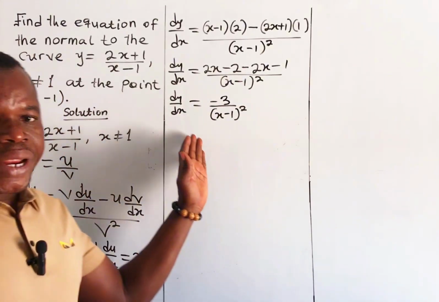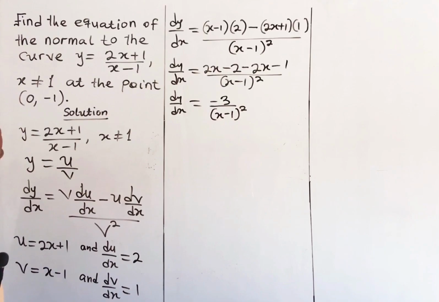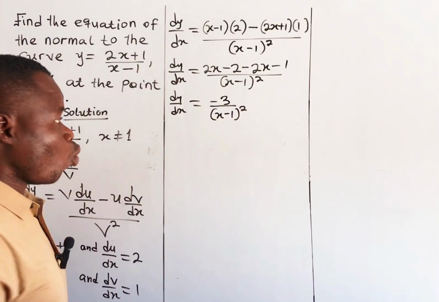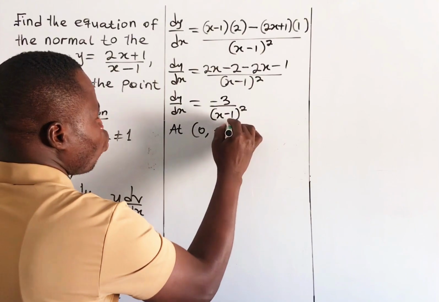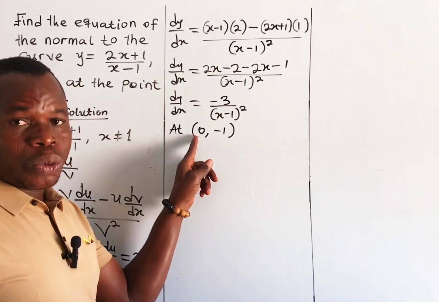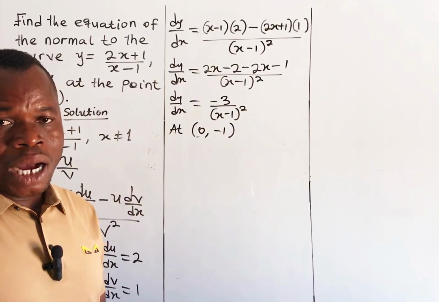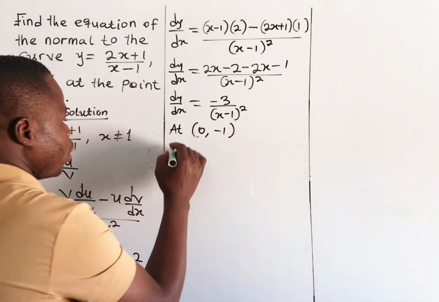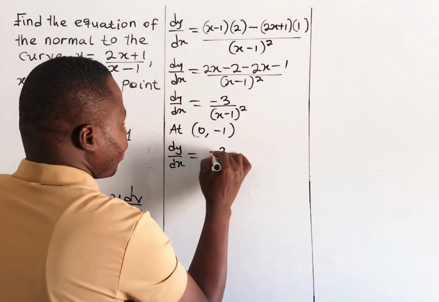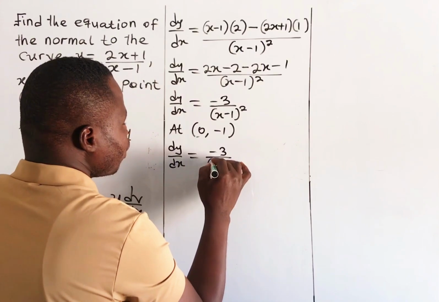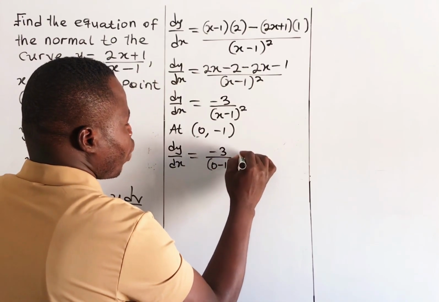I can now find the gradient by substituting this point, that is 0, minus 1. So we'll say that at the point 0, minus 1, it means that my x is 0. Wherever I see x here, I will substitute 0 there. So dy dx will be equal to minus 3 over 0 minus 1 all squared.